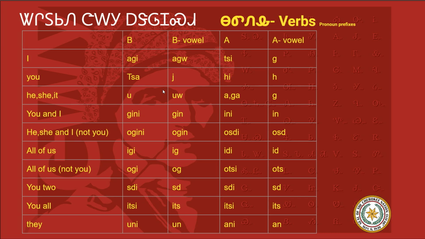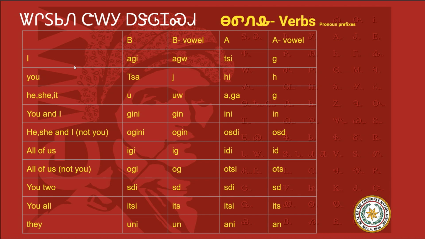The reason why I did them this way is so that you could see the similarities, okay? So for example, you two are the same whether it's set B or set A, right? It's sti and st. And all y'all, right, is EG and EG for both set B and set A, okay?